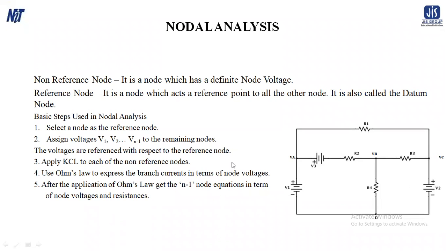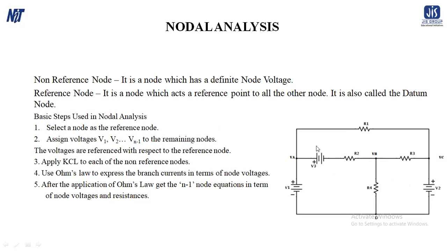Number two, assign voltages V1, V2, up to Vn minus 1 to the remaining nodes; the voltages are referenced with respect to the reference node. Number three, apply KCL to each of the non-reference nodes. Number four, use Ohm's law to express the branch currents in terms of node voltages. Number five, after the application of Ohm's law, get the n minus 1 node equations in terms of node voltages and resistances.